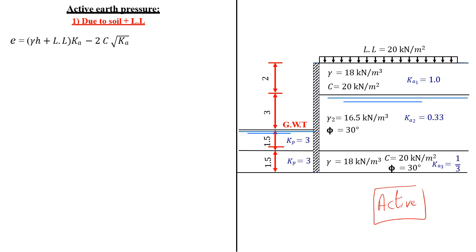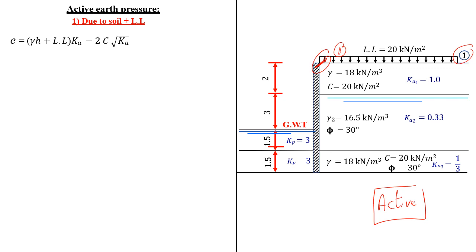Let's begin looking at the points at which we will compute the lateral earth pressure. First, the uppermost point of your retaining wall here, this is point number 1.